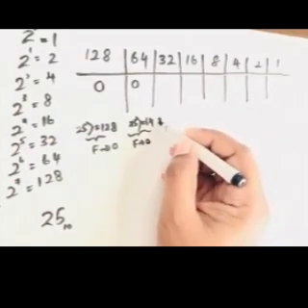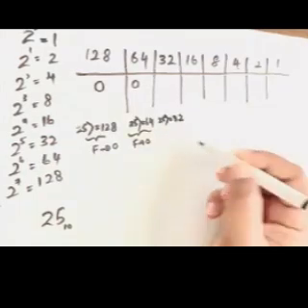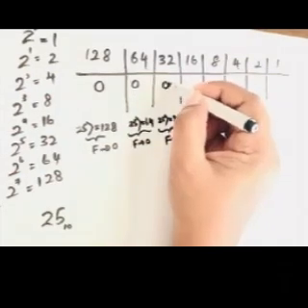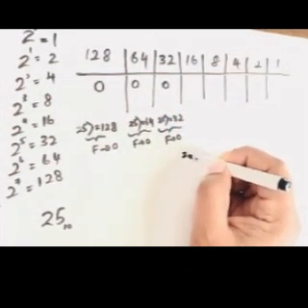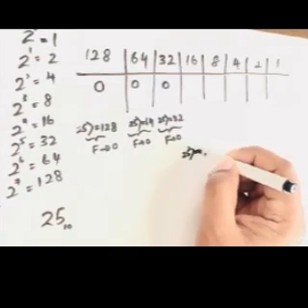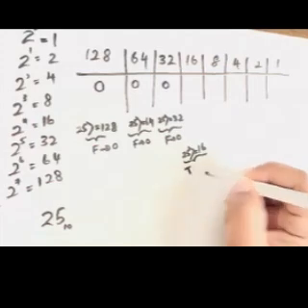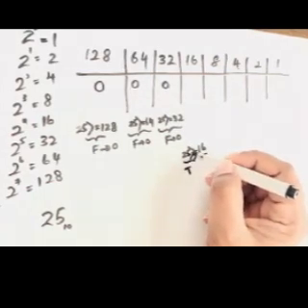Next one, 25 greater than or equal to 32. Still the condition is false, so I'm going to put 0 here. Let's go to this one: 25 greater than or equal to 16. Now this condition becomes true because it's not equal but it is greater than 16.